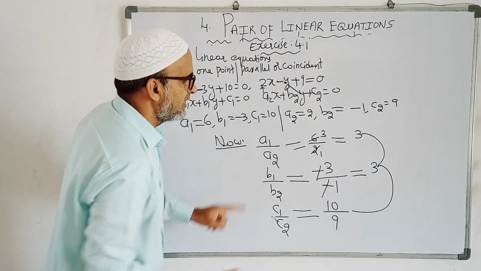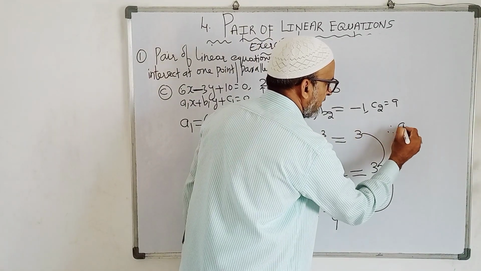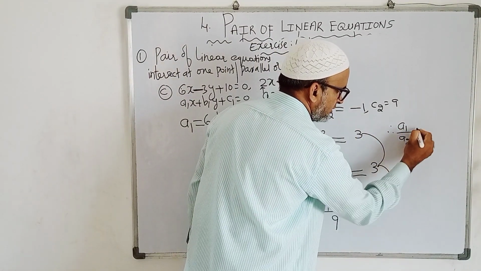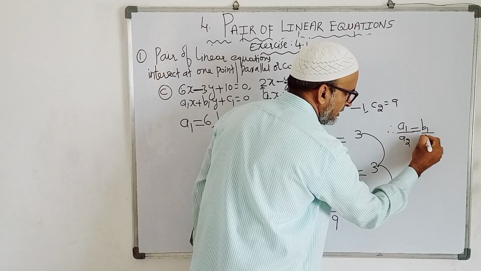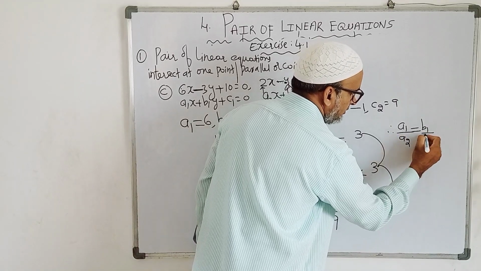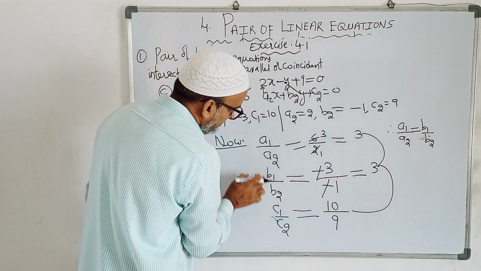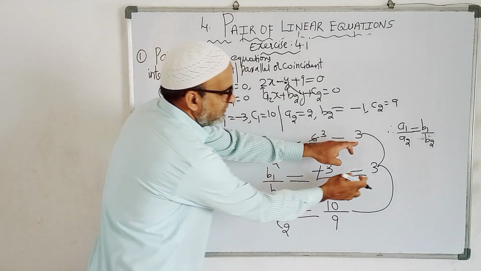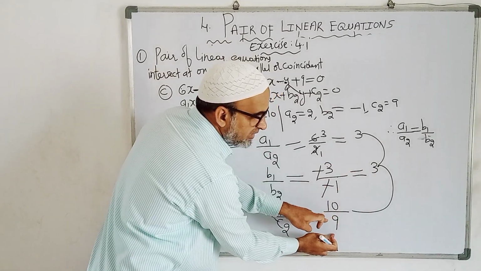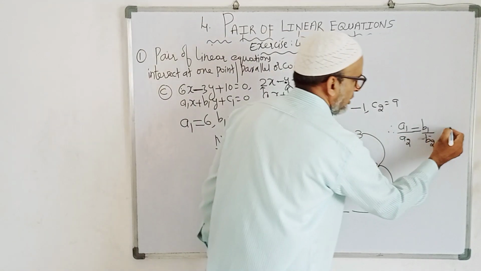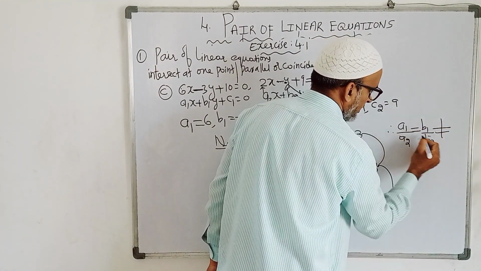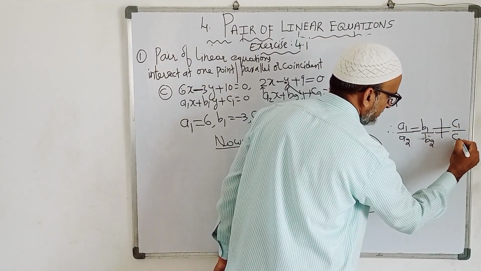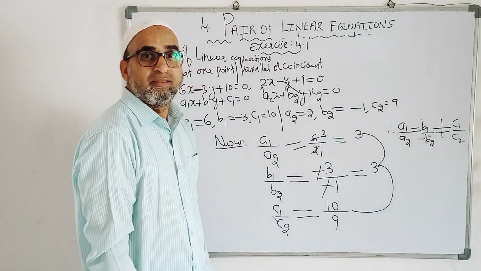Now you compare these three values. These two are the same. Therefore, A1 by A2 is equal to B1 by B2. But this answer is not the same as this one. These two answers are not equal to C1 by C2.